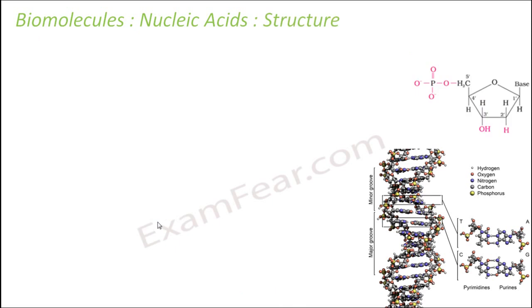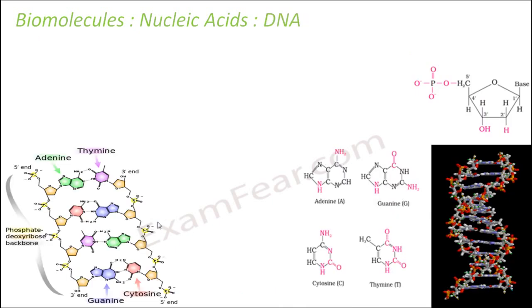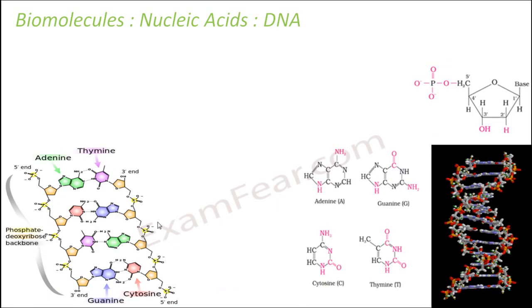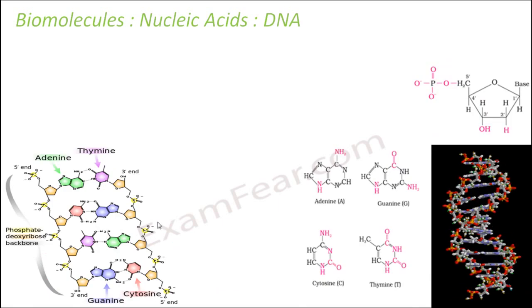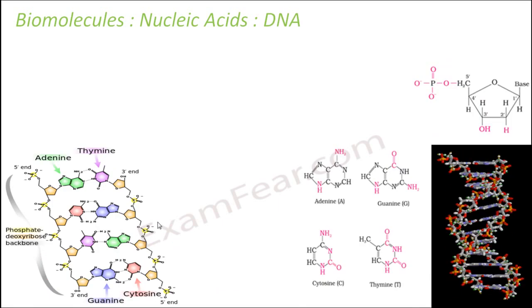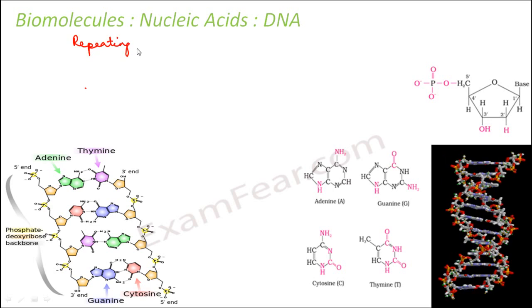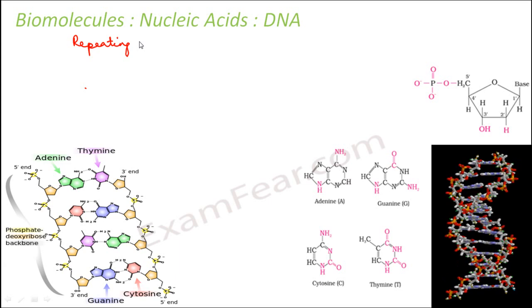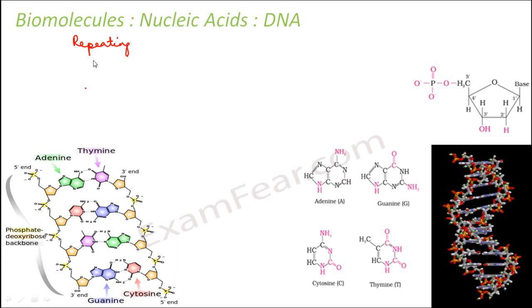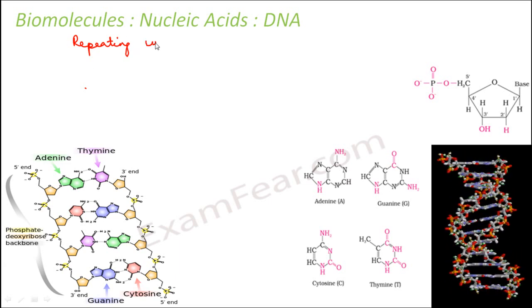Let us talk about the structure of nucleic acids. They are made up of repeating units, like how carbohydrates are made up of sugars, the monosaccharides, and the way proteins are made up of amino acids.